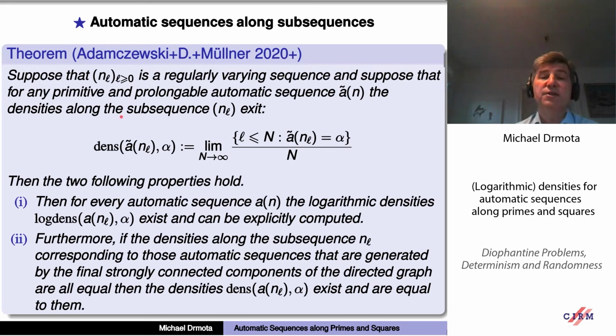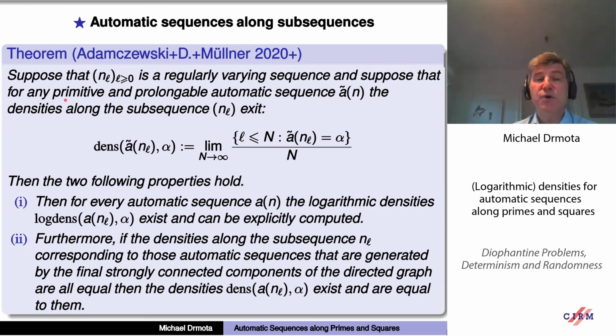if we have such a regularly varying subsequence, and we take an automatic sequence, then we just have to check all primitive and prolongable automatic sequences first.